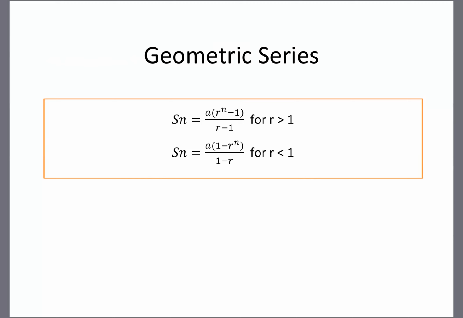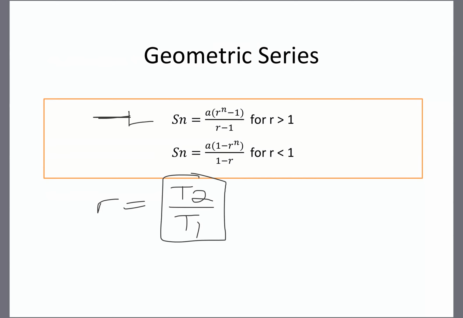R is equal to T2 over T1. If this answer here is more than 1, then you know that we're going to use this first formula. But if this answer here is less than 1, then you know we're going to use the second one. Does it make sense?